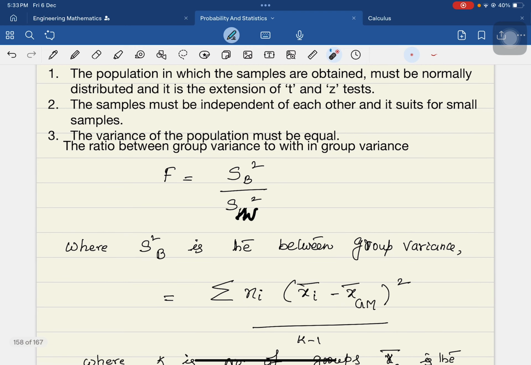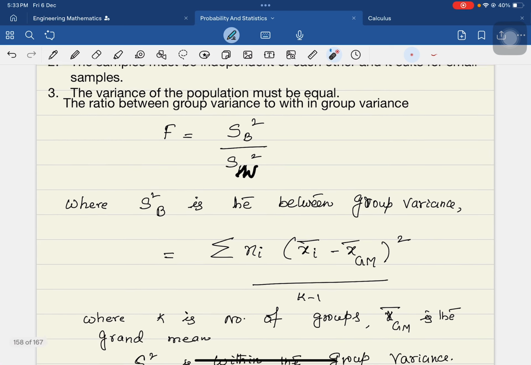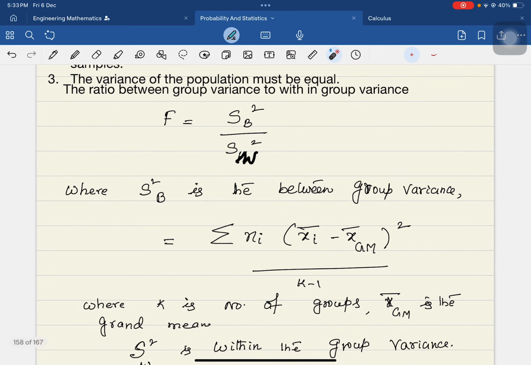When we take the ratio, we will compare this calculated value with the F table value. Just as you have done with the T table, Z table, the normal table, and all these tables, where you took the table values to find the particular area under the curve, we will be using the table value here. If this F calculated value is less than the table value, then we will accept the hypothesis.